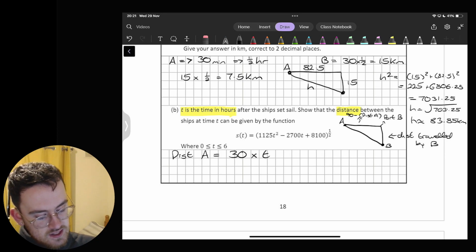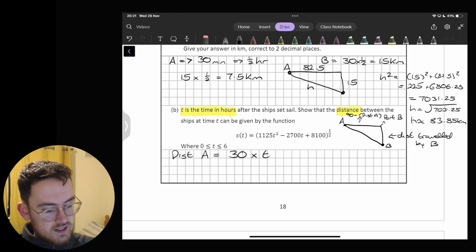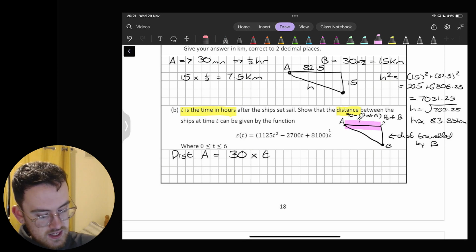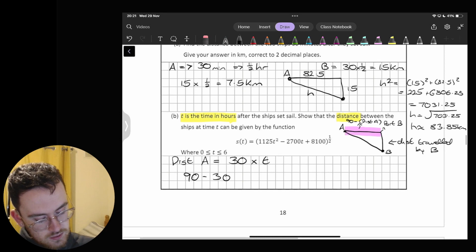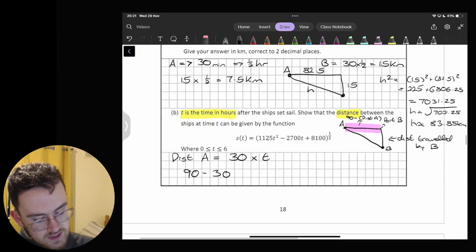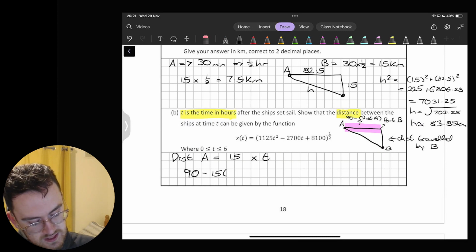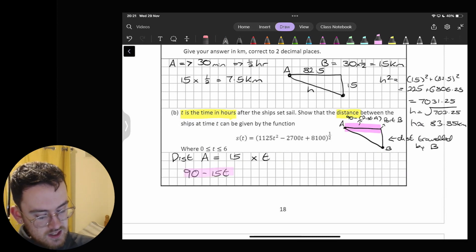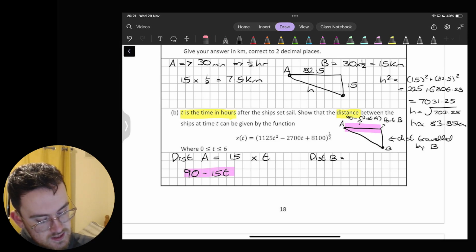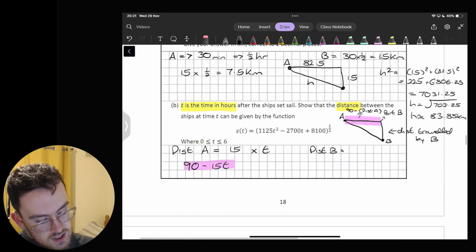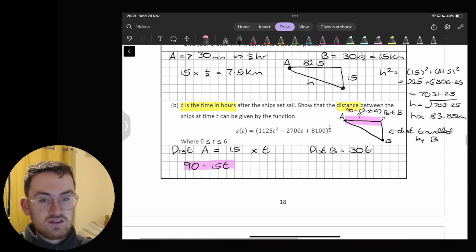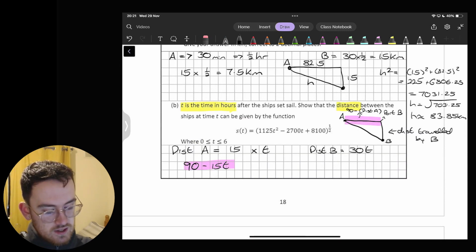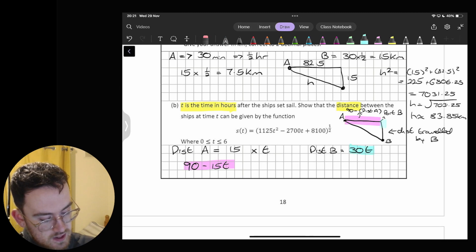That means our distance along the top of our little triangle, our pink distance here, is 90 minus 15t. Then the distance that B has traveled is the speed B is traveling, which is 30, multiplied by t, the time it has traveled. A little more straightforward for B.